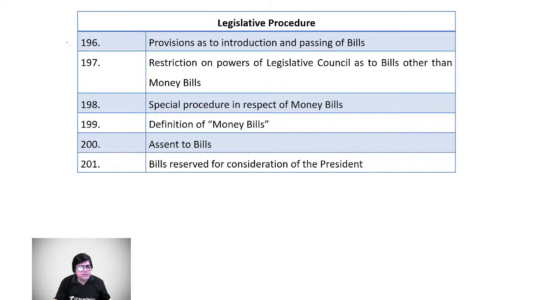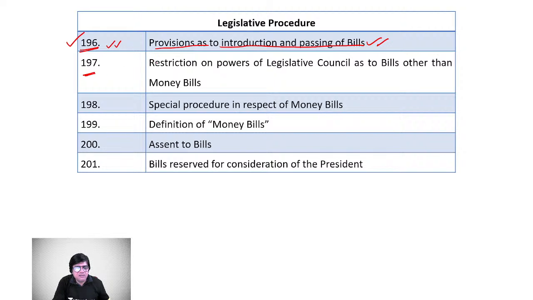The first important article is Article 196 of the Constitution. Article 196 talks about provisions as to the introduction and passing of bills. That is how the bill should be introduced and how the bill should be passed. So Article 196, insofar as the legislative procedure in the state legislatures is concerned, is very important for us.